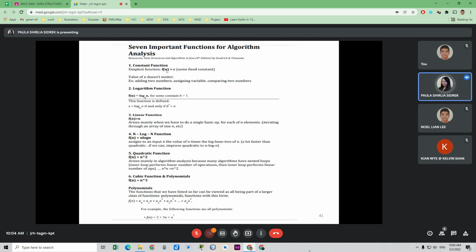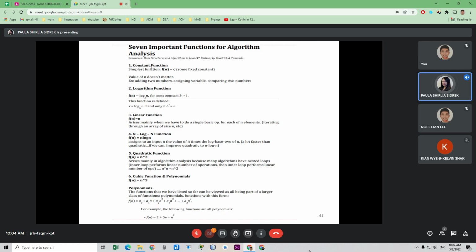This is the simplest function. You have f of n equals c. This one I actually took from a note on some website where it gives you elaboration and explanation. So I'm just going to skim through very quickly.